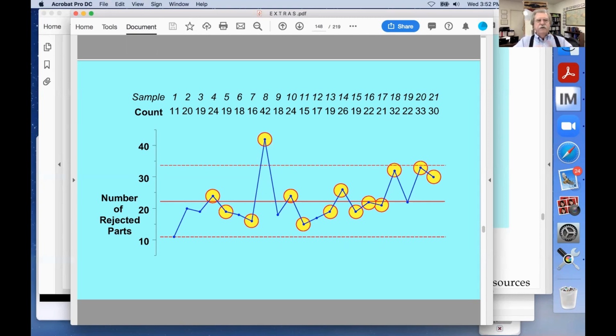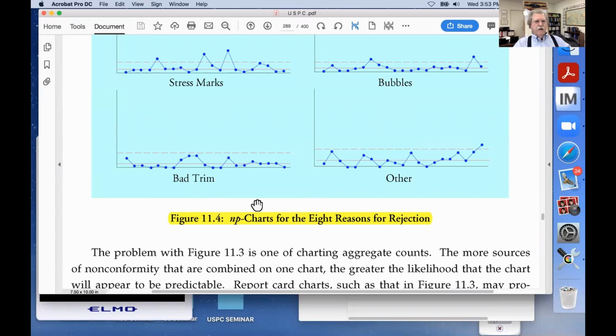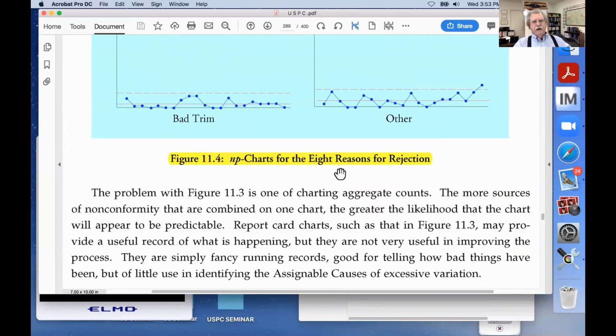So the secret to using count data effectively is disaggregation. Break it down. So the same part number we're talking about on page 288 and 289.